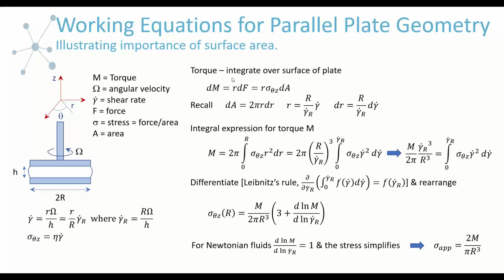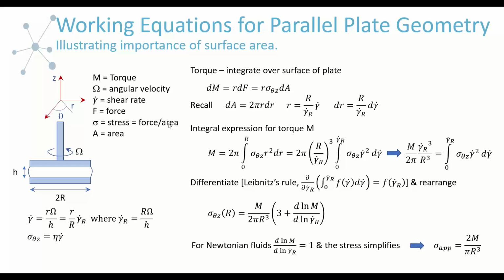Now, to get the torque, essentially we integrate over the surface of this plate. This is where it's very clear where the area of the fluid in contact with the plate becomes important. Our torque is going to be the lever arm, which is the radial position, times the force element. We can relate force to stress.